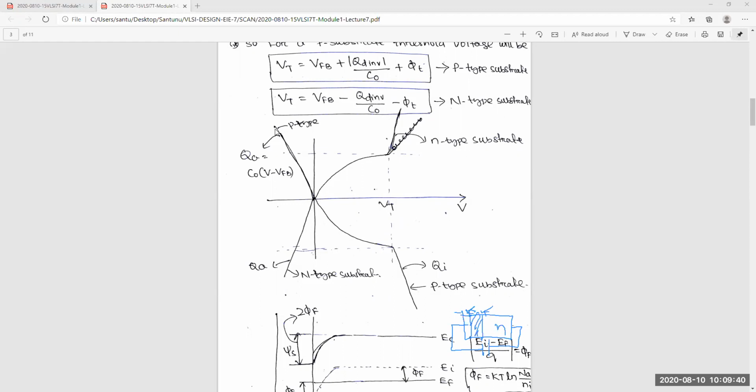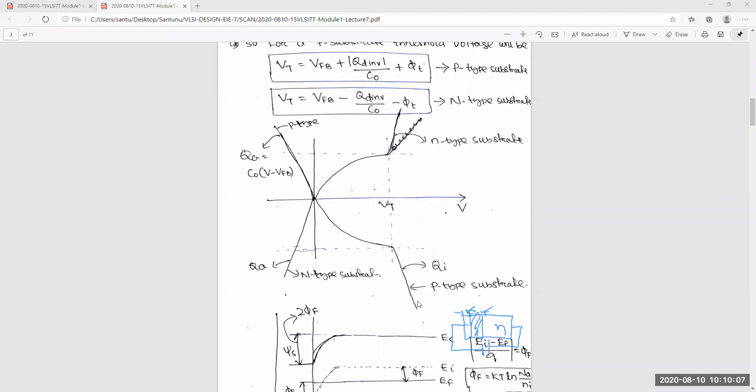This part is the p-type substrate at the accumulation region, this part is the depletion region, and this is the threshold point. The inversion will start from here, and this is the inversion region. We have already calculated how it comes at accumulation, then depletion and inversion.